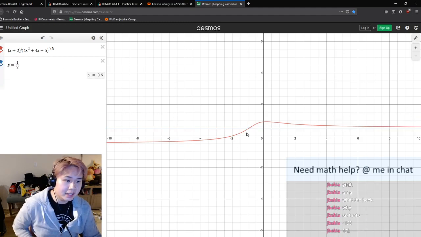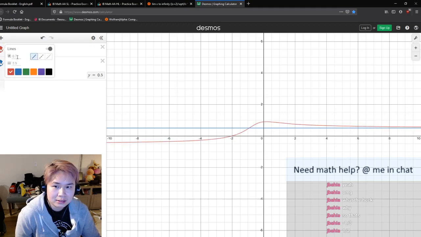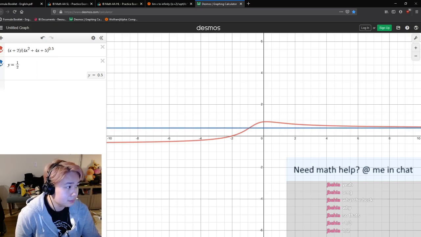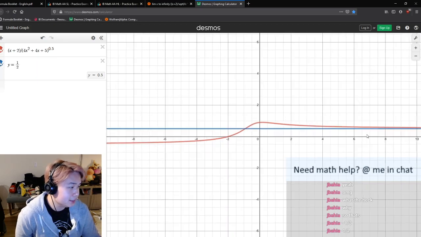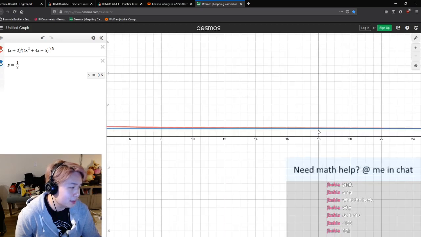So you see, here's your graph, right, in red. And then the blue line represents, let me see if I can change the thickness. So you see, when x goes to infinity, it goes to the right, and it approaches the 1/2.